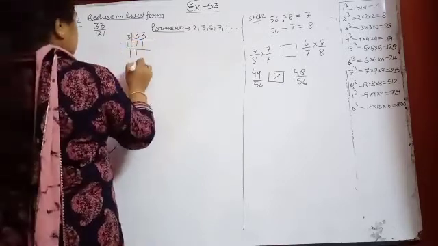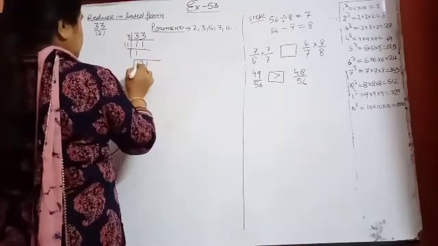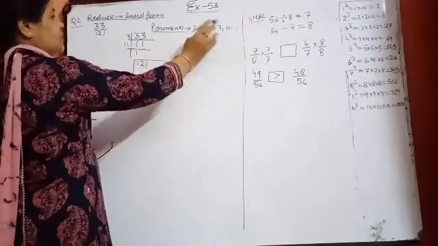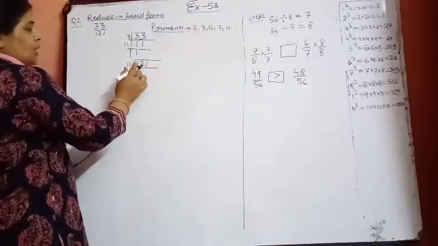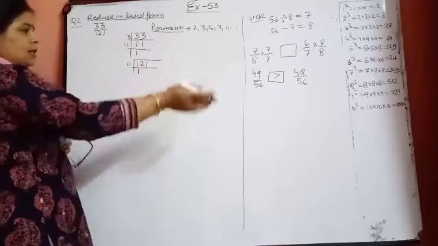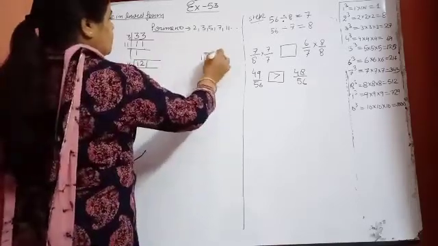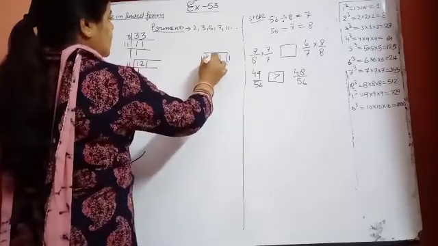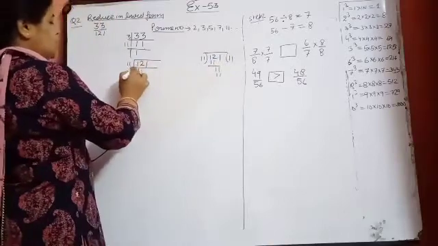Now say take 121. Okay. 121 is not directly divisible by 3, 5, 7 or anybody else; it will be directly divisible by 11. So 11, 1 elevens are 11, and you can further do the division of 121 by 11. Again 11 ones are 11. So what came? 11.